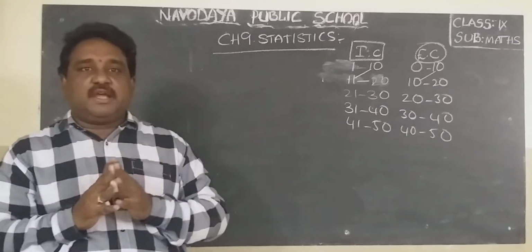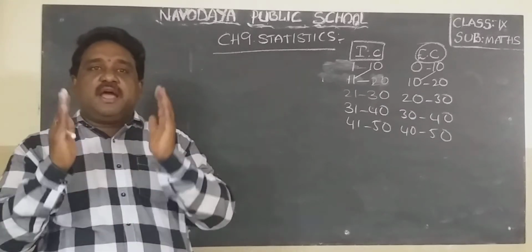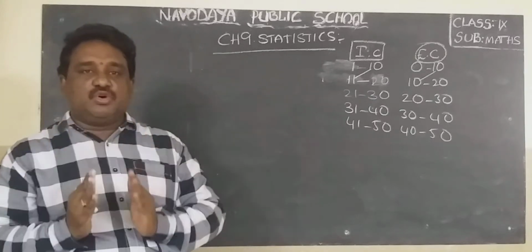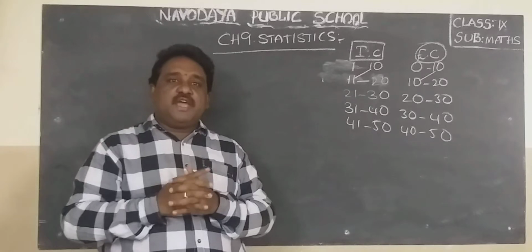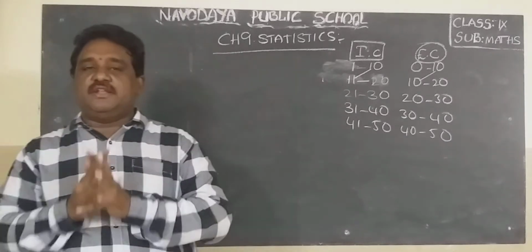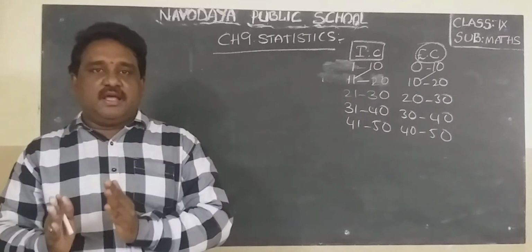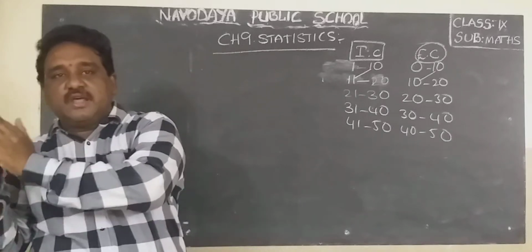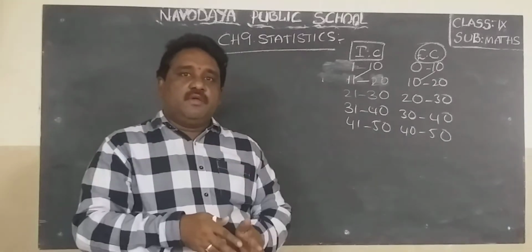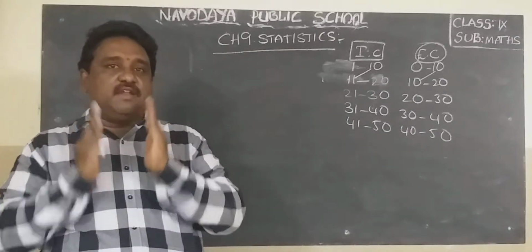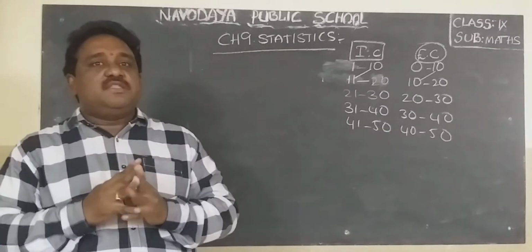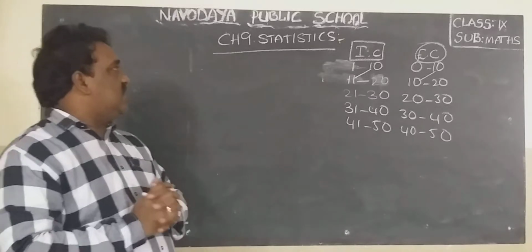Then what is secondary data? Data collected from a source where it has already been recorded is known as secondary data. It is already there in the register, in the record. Now the class teacher wants to gather the information from the record. Such data is known as secondary data.